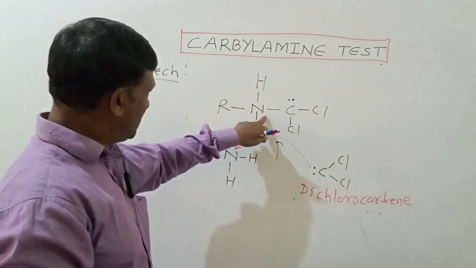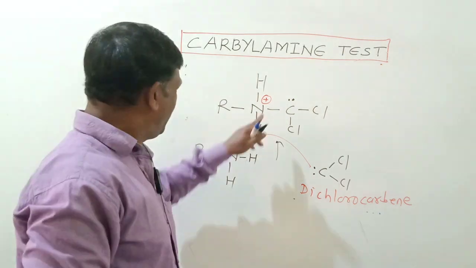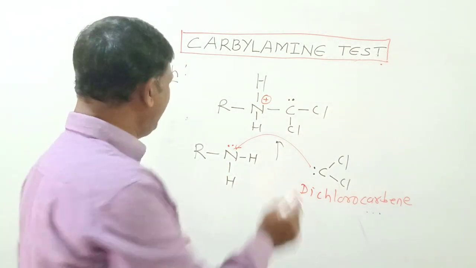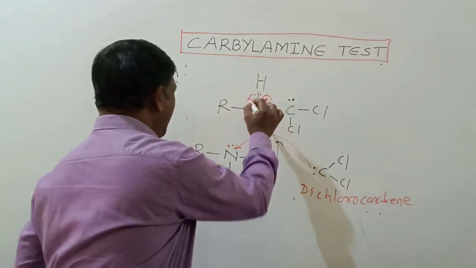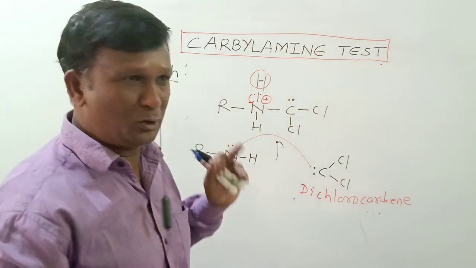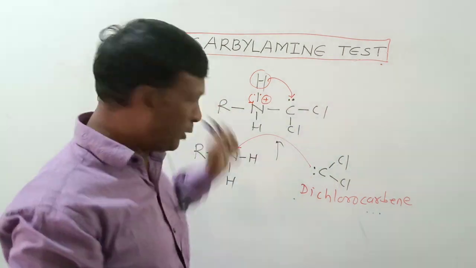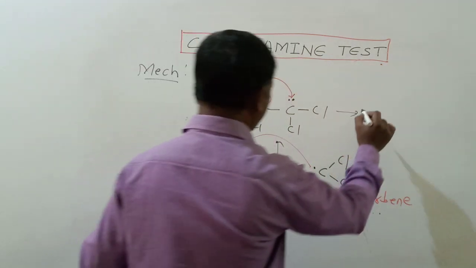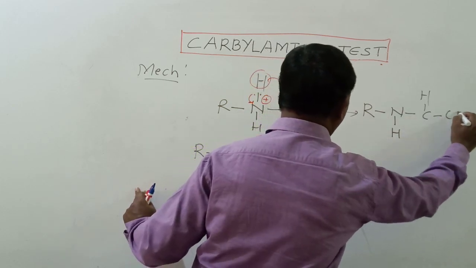This nitrogen will acquire a positive charge now. So positive charge means nitrogen is no longer electronegative now. So to retain the electronegativity, this electron pair will be attracted by the nitrogen, and this hydrogen as H plus now migrates over this carbon, because now this carbon has the electron pair on it. So ultimately, due to this, we will get this species now.